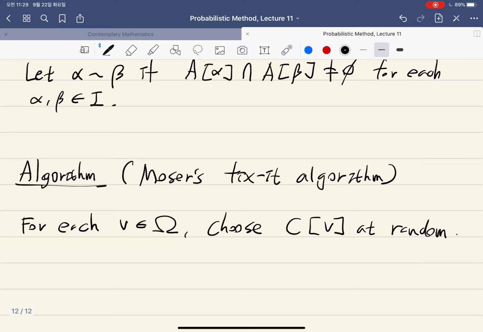Meaning that we have this Kn and we color the edges at random.